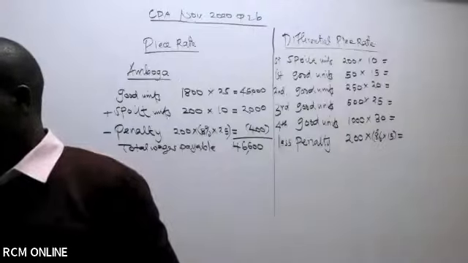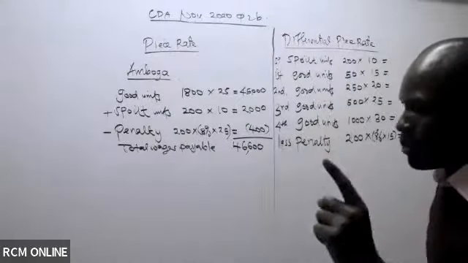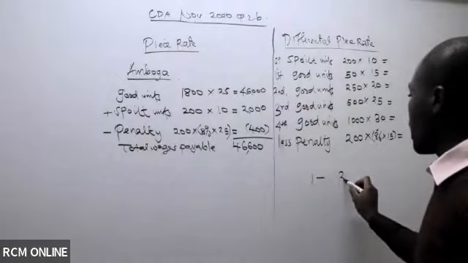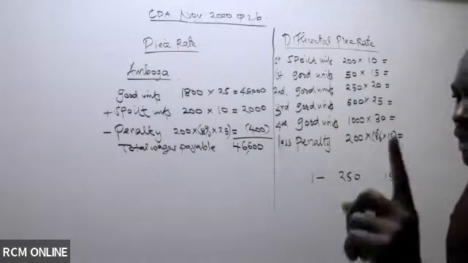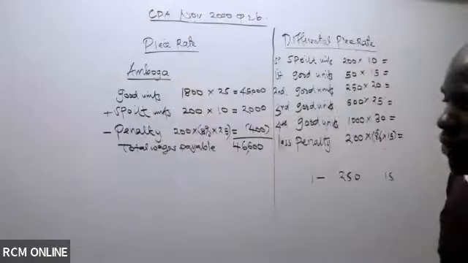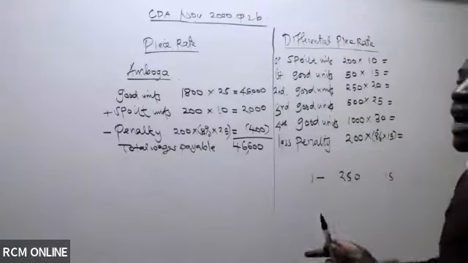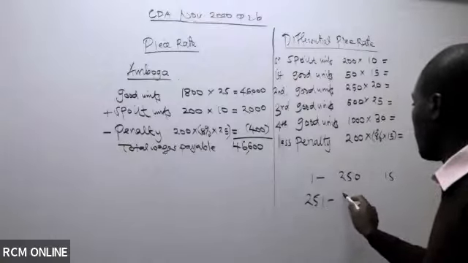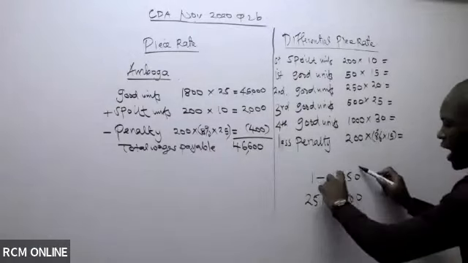Where did we get first good units of 50? We are told that within the first batch will be any units from 1 to 250, paid 15 shillings. The examiner stated very well that Amboga had 200 spoiled goods. And under piece rate method, the 200 spoiled goods will be deducted from the first range. Range 1 to 250. If you have spoiled goods, they come out of here.